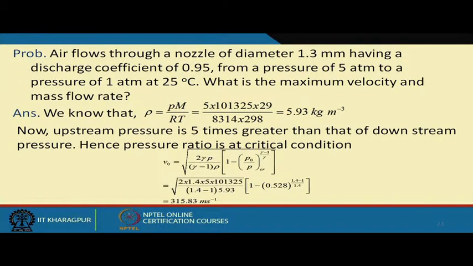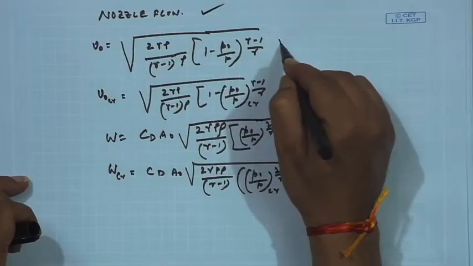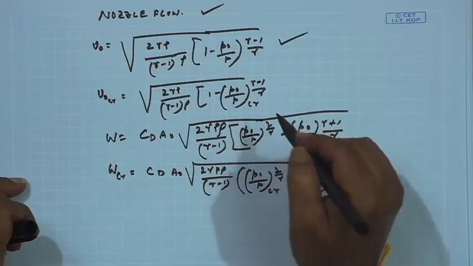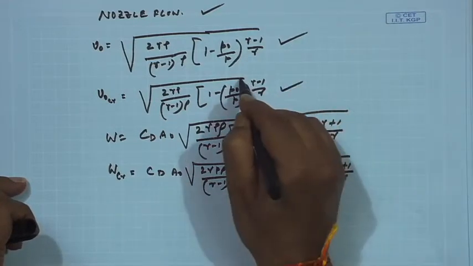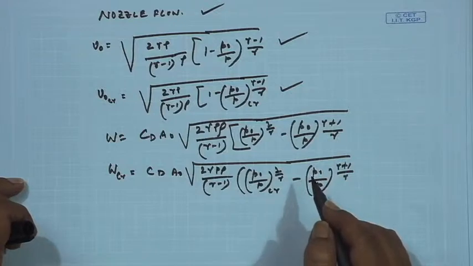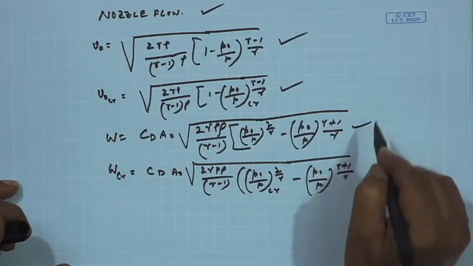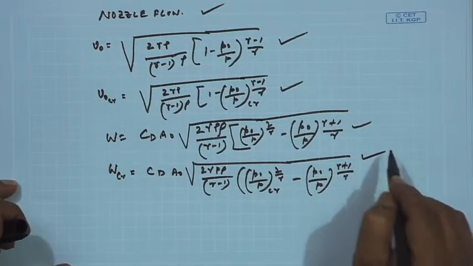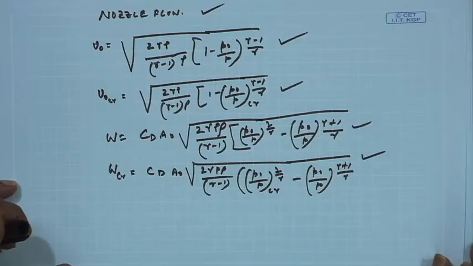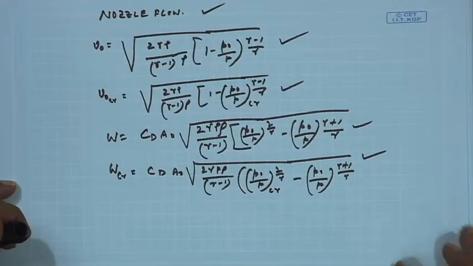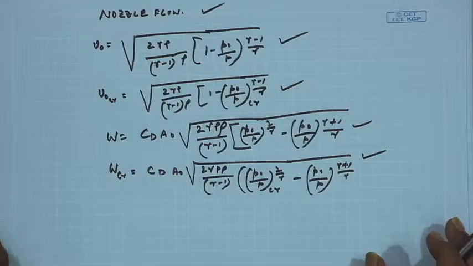If we go back to what we have already written here, in the nozzle flow the velocity is like this, the velocity under critical condition is like this, the discharge was like this, and the discharge under critical condition was like this. Now, what was that critical condition?